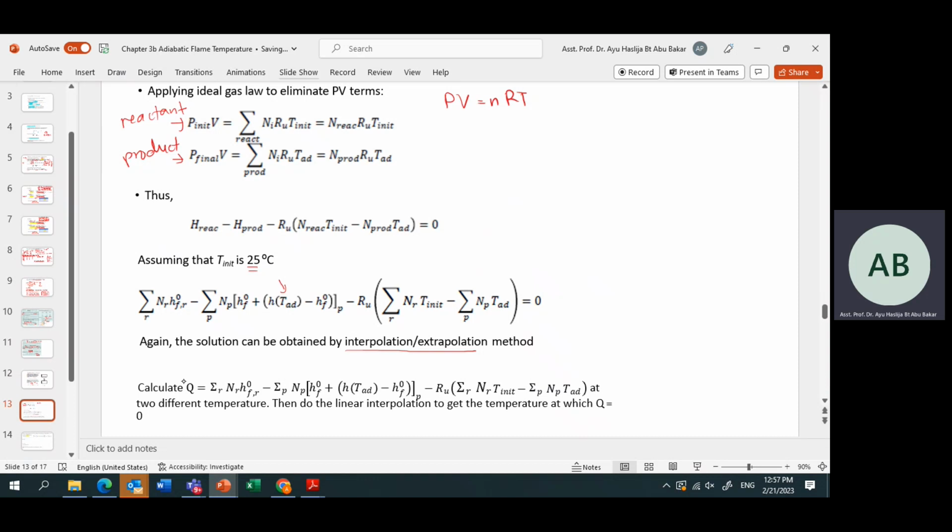Okay, so that means you need to calculate the Q. For example, you assume Q at T1, so you will have what is the value, then Q at T2, so what is the value, using this constant volume equation.